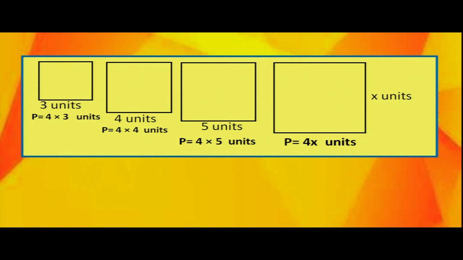One is 4, that is a constant, and another part is x, that is a variable. Why is it a variable? If we look at these steps, in each square 4 is a constant, and what is changing? The length of the side is changing. That means here the length of the side is our variable, which is taken here as x.